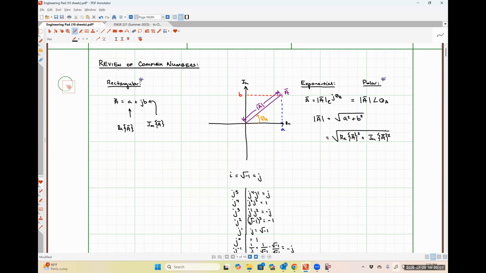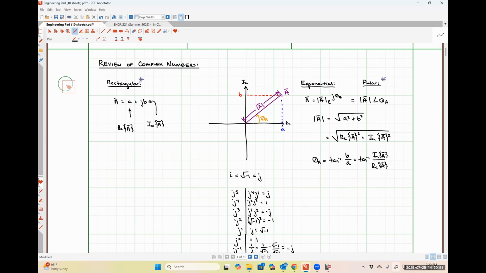But by far the most common definition that I've seen in textbooks defines our angle theta A as the arctangent or inverse tangent of b over a, or more generically, the arctangent of the imaginary part of A divided by the real part of A. So that's how we can determine our polar form or exponential form components from our rectangular form.